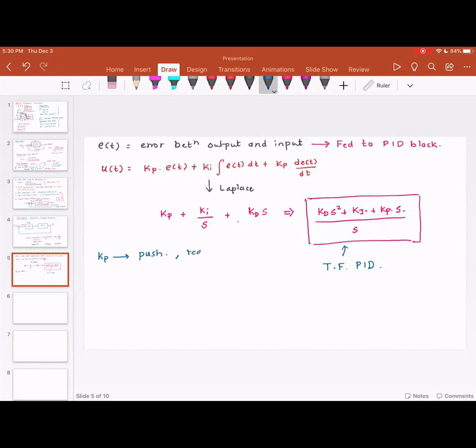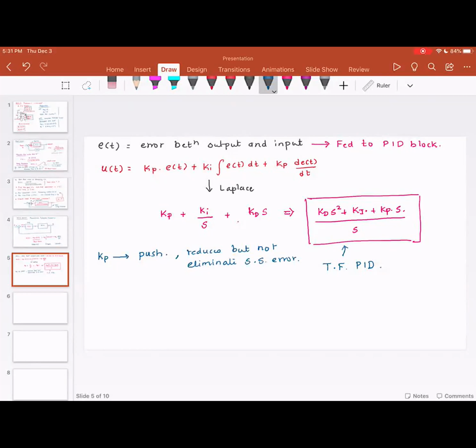So with the Kp, if you can increase the value of Kp, that will actually make the output go very close to input, but not at the exact same location.